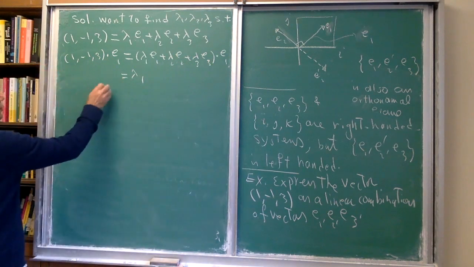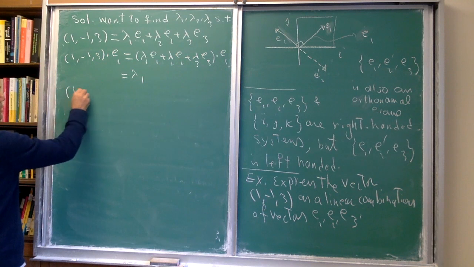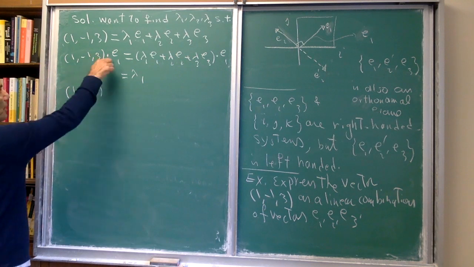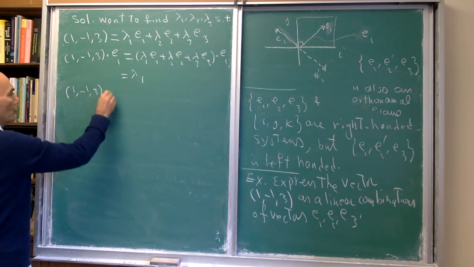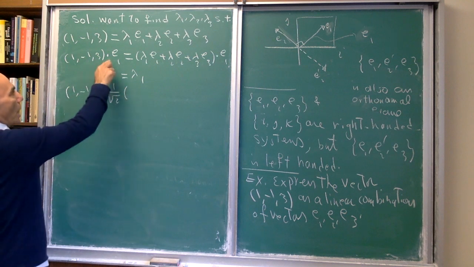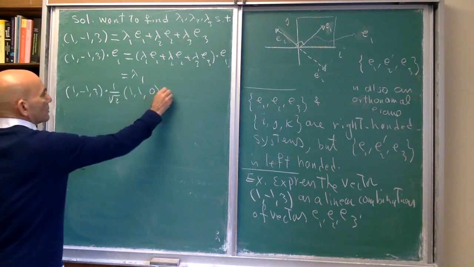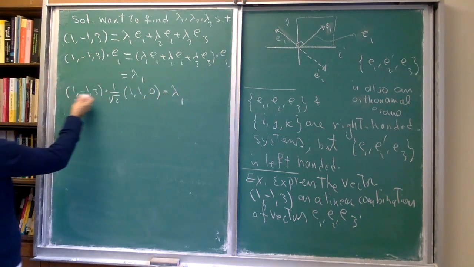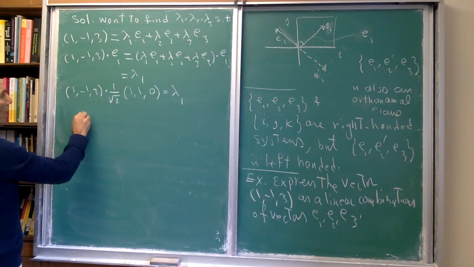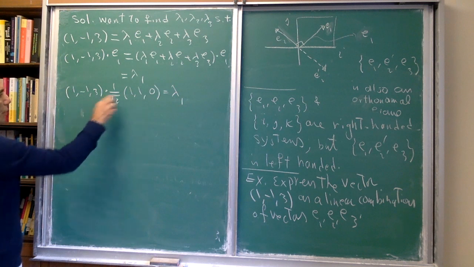So this is equal to, so we get that 1, minus 1, 3. Remember, E1 was 1 over root 2, this was i plus j, which is 1, 1, 0, right? So that's equal to lambda 1. Well, of course, you can easily find the value here. This is 1, so this is 1 over root 2.